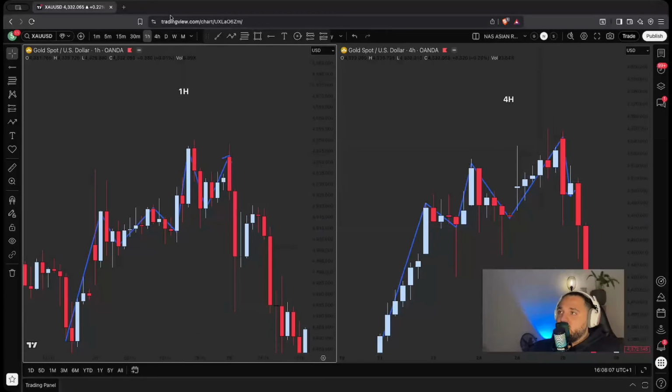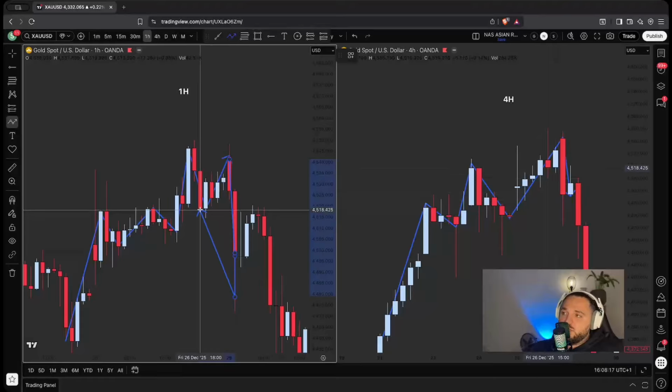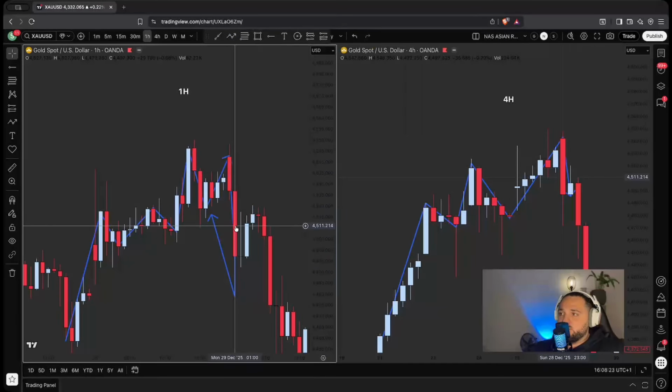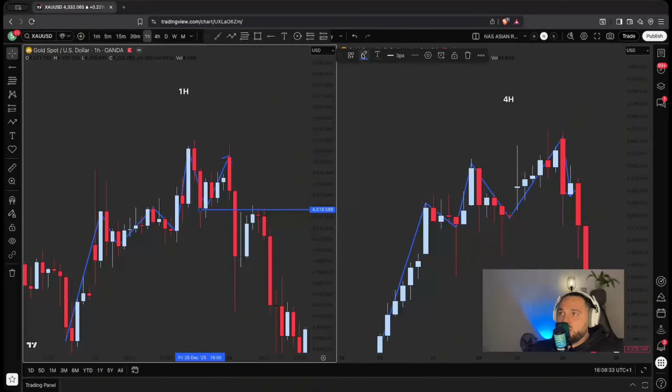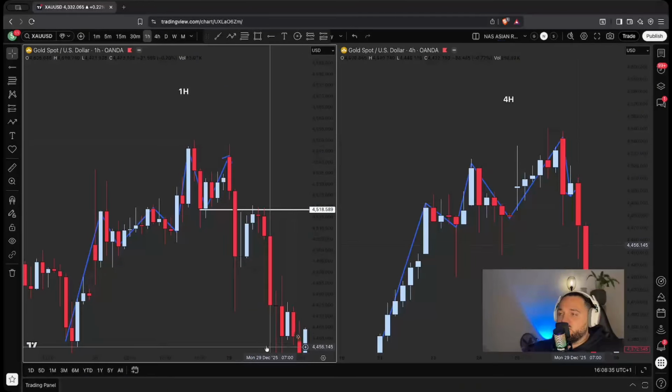Now, over here on the left, on the 1-hour time frame, the price came down and closed below the previous low. So let's mark that a bit better. Do we all agree that this was our previous low? Okay, I will mark that. I will change the color to white.